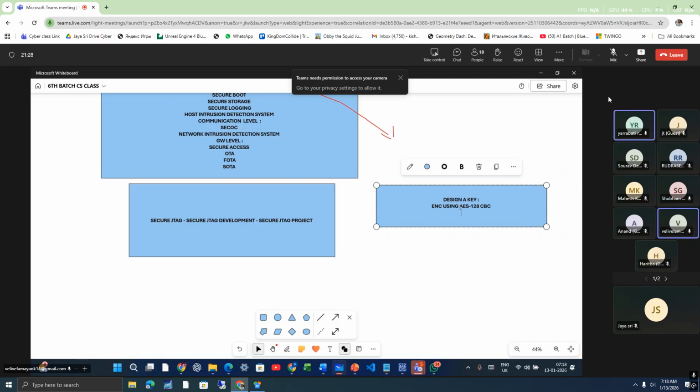Yes, Ram. Then similarly, I will say calculate a hash value using SHA-256 or SHA-3 for data of 500 bytes. Ramesh, you will calculate or not? You will hash it or not? Ramesh, you are there, right?